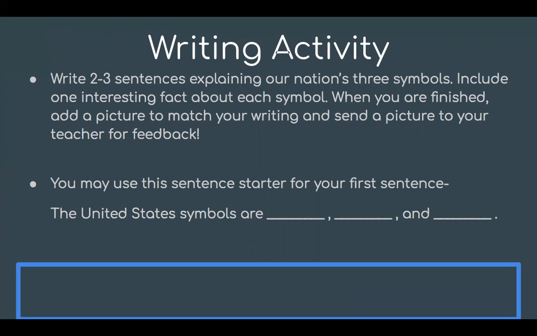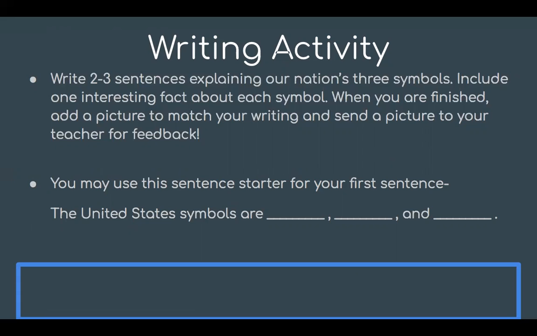So you need to get paper and pencil out, and I want you to write 2 to 3 sentences explaining our nation's 3 symbols. Include one interesting fact about each symbol. When you are finished, add a picture to match your writing and send a picture to your teacher for feedback.